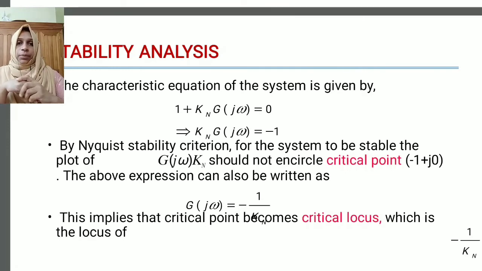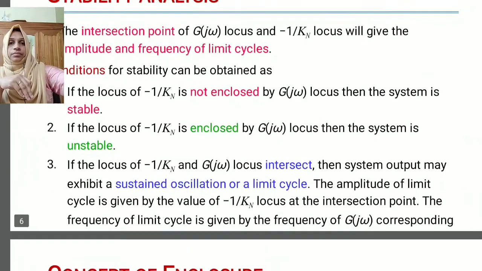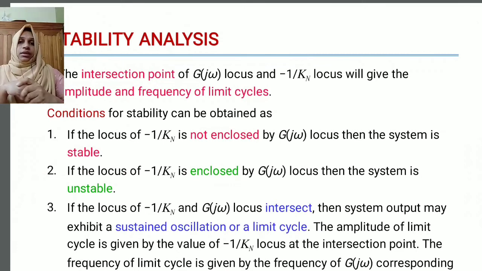So the above expression can also be written as G(jω) = -1/Kn. This implies that the critical point becomes critical locus, that is -1/Kn. At the intersection point of these two loci, that is G(jω) locus and -1/Kn locus, there is a limit cycle, and we can find out the amplitude and frequency of that limit cycle also.